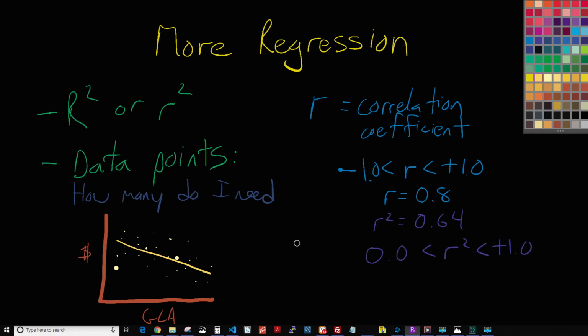But really what it boils down to is you want to be able to see, when you look at that data, can you see the actual trend? And so I can sort of see that, yeah, there's the high and there's the low, and that's pretty much what it's doing. Now there's a couple data points outside that line, but in general, that's what's happening. It's going down as my GLA goes up in this case.